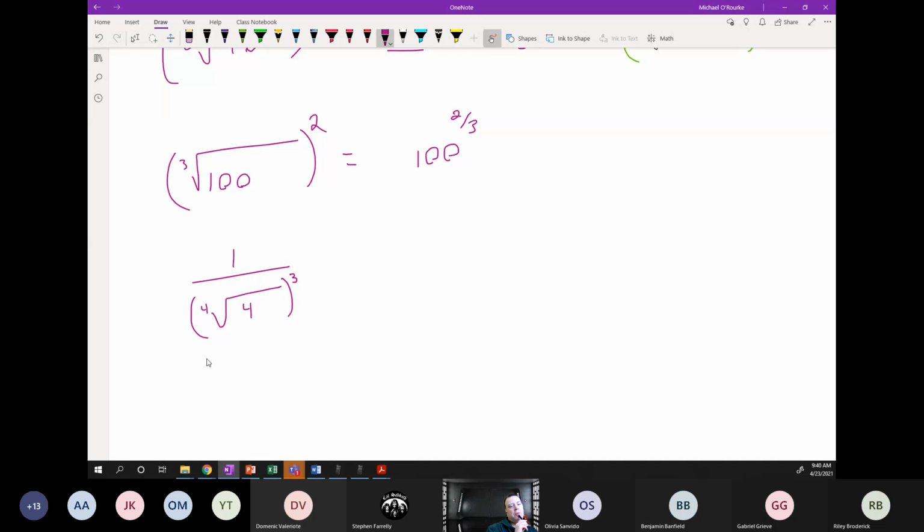Does anyone want to walk through with this one first? If you want to walk through, I'll give it a try. Want to give it a try? Dominic, do you want to walk through on it? No, I'm good. You're good? I'll give you a hint. It's going to have a negative exponent. It doesn't matter which one's negative.